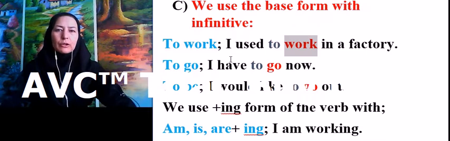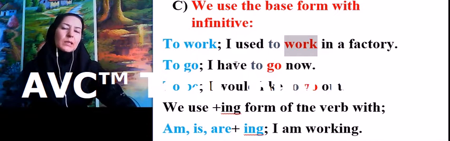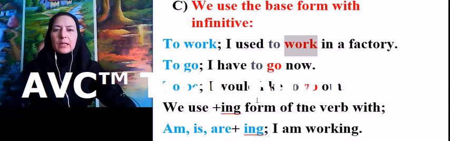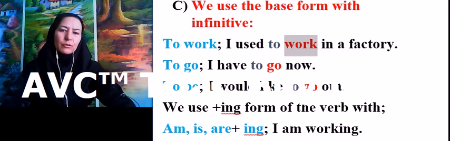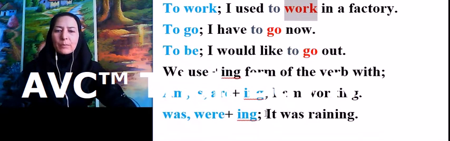Let's say after to be verbs, if we have a main verb, we're going to use ing at the end of the verb. But not to forget about passive forms. We have some passive verbs that have am, is, are, or was and were plus past participle.